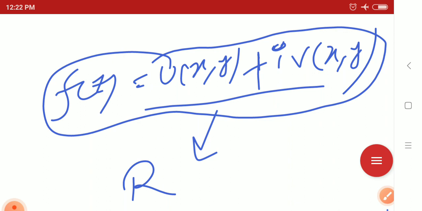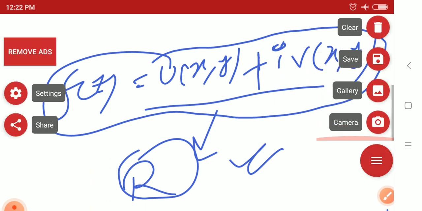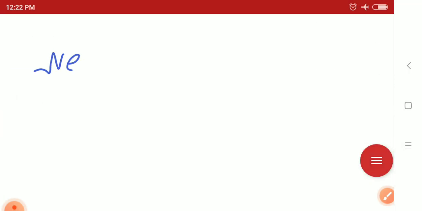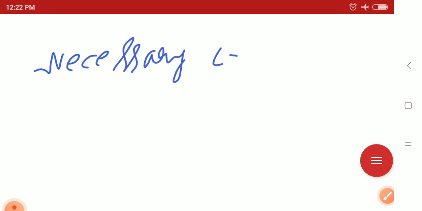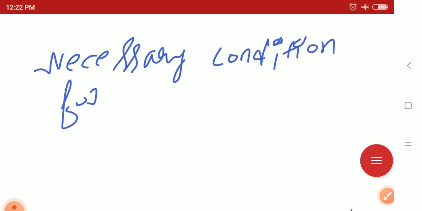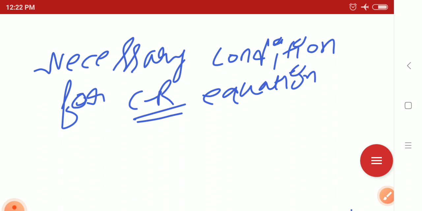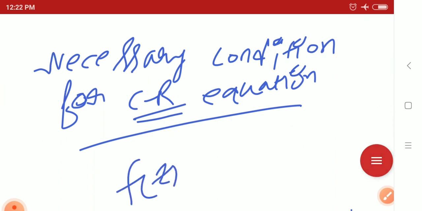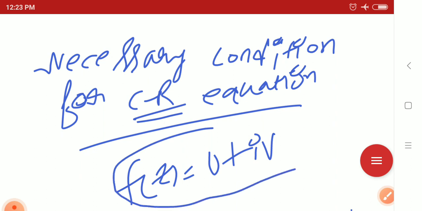If this function f of z equals u plus iota v is analytic in a region R, then what is the condition for this? The necessary condition is given by the Cauchy-Riemann equations.